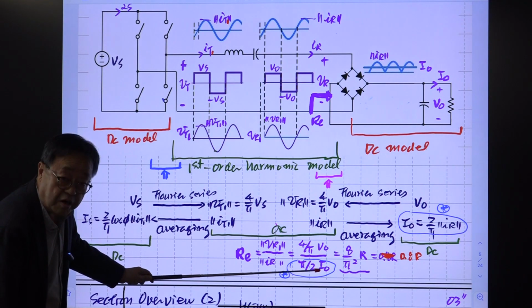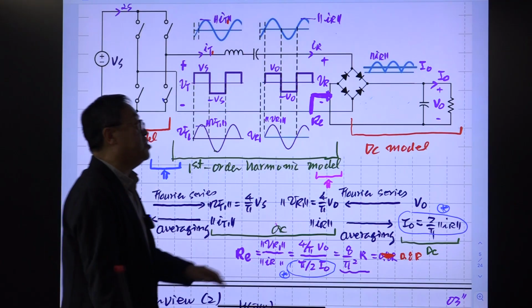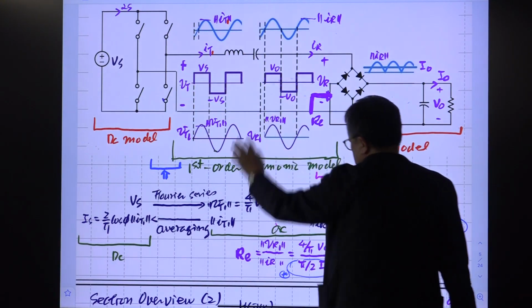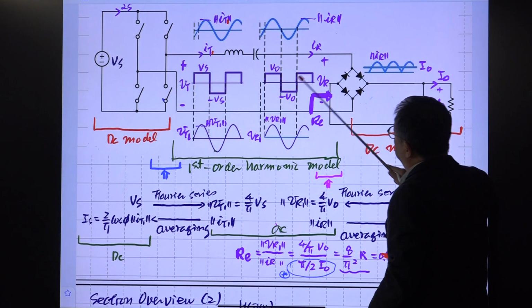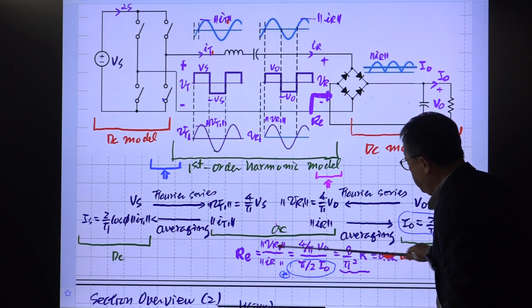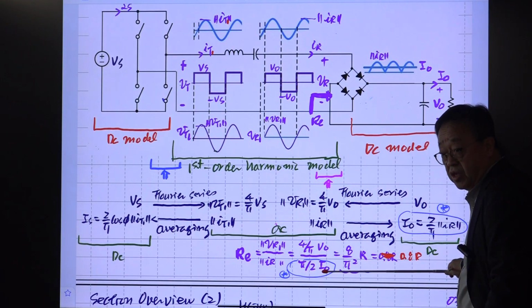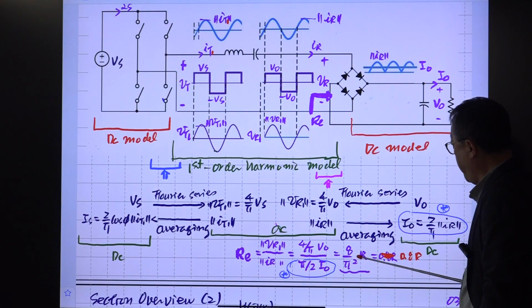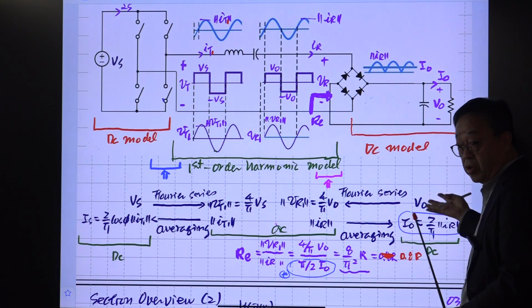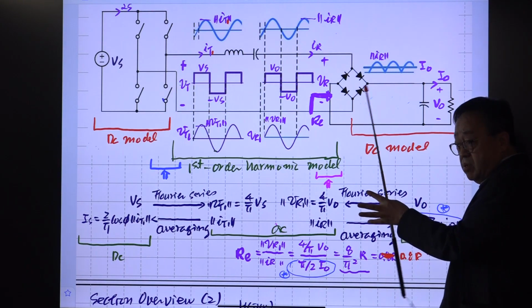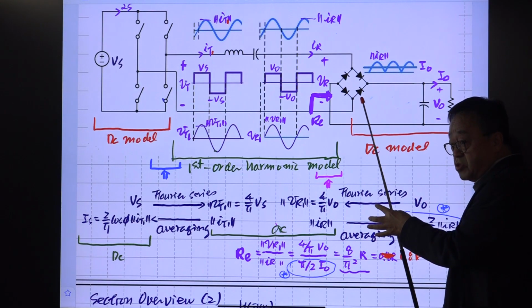So IO is here, right? And the relationship between this output voltage and VO, the fundamental component not of VO but of this VR1, from the Fourier series we know this. Then the ratio is 8 divided by pi squared. This is the magic number coming all the way through the analysis, and this number comes from this simple functional relationship.